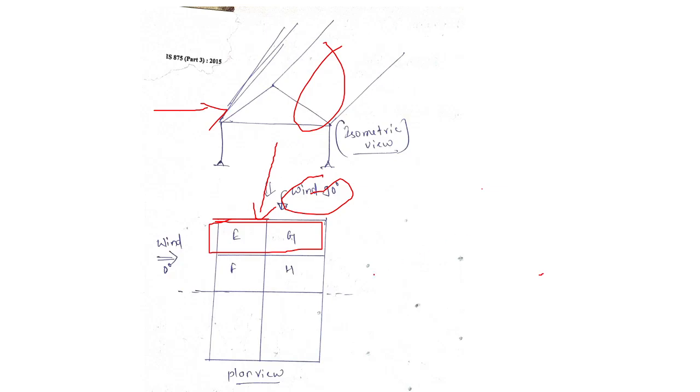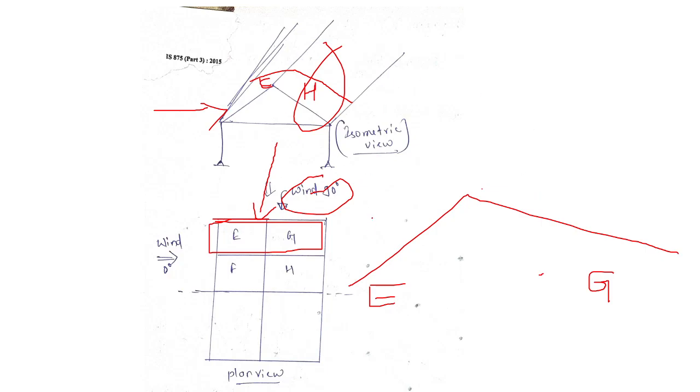So if this is the face of the truss, this is E and this is G. And FH will be the rear, at the back side; this portion will constitute FH. I think it's clear what EG and FH are. At 90 degrees we have to consider it like this.